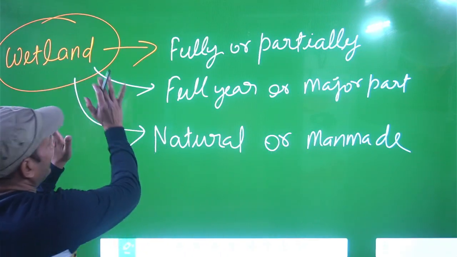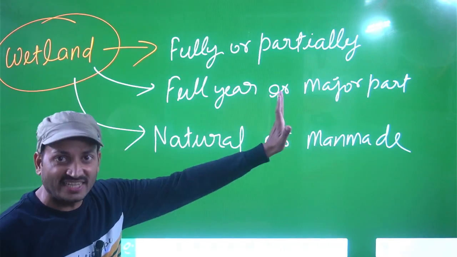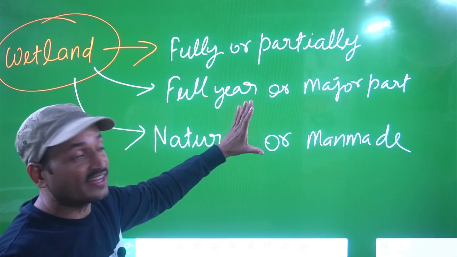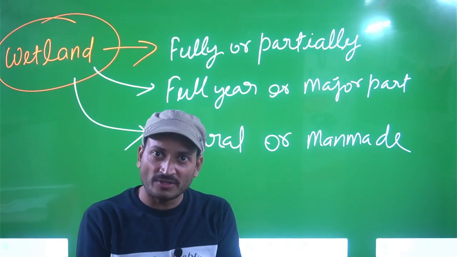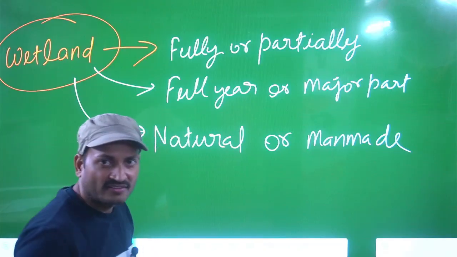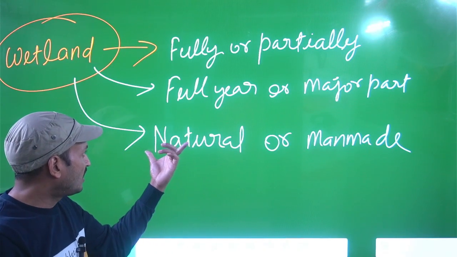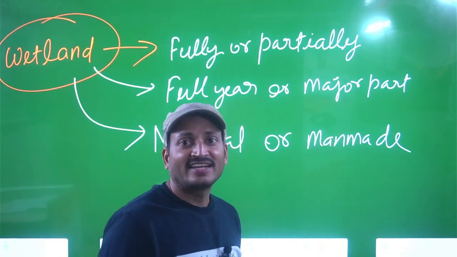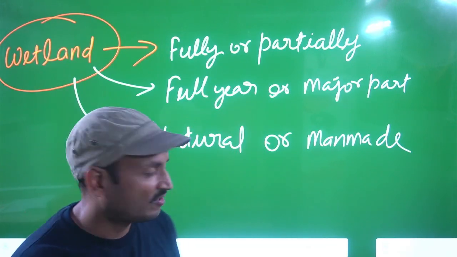So a wetland is an area which is either fully or partially submerged underwater, either throughout the year or a major part of the year. It may be natural or man-made. Examples of natural wetlands are coastal wetlands and lakes; man-made wetlands are ponds and paddy fields, etc. So these are the examples of wetlands.